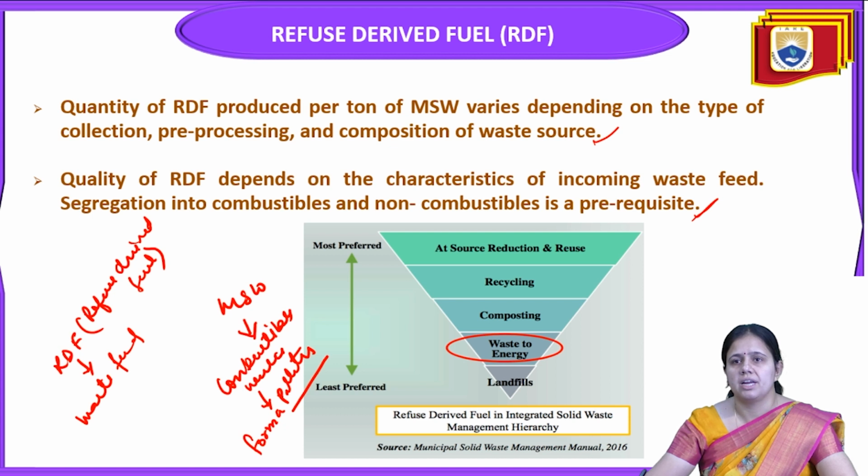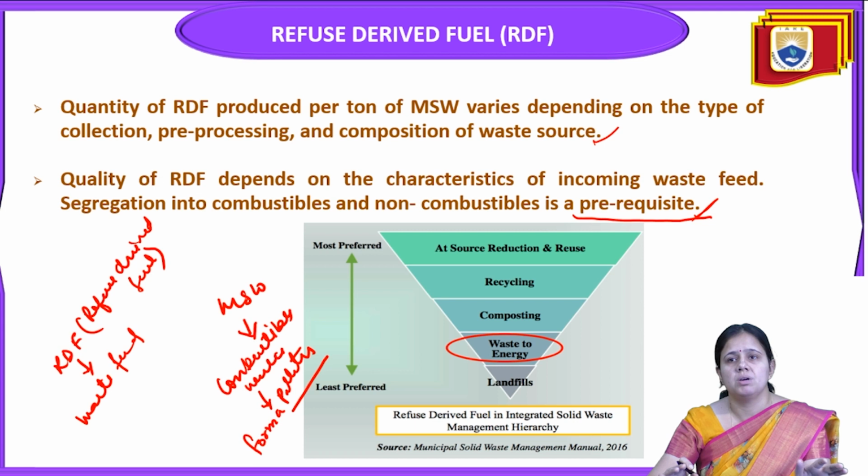Segregation into combustible and non-combustible is a prerequisite. So the first thing is, to qualify as RDF, you have to segregate the waste into combustible and non-combustible particles. If the RDF has mostly only combustible feed, then it will be more useful, and we can say that RDF can work properly. If non-combustible material is also there, then that RDF will not be much successful.